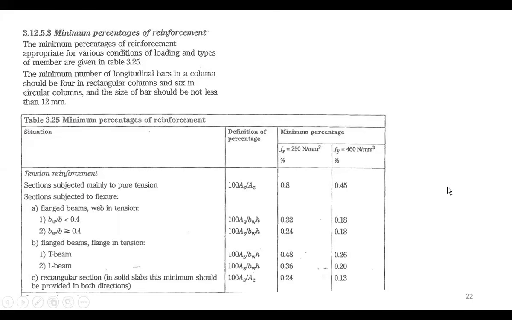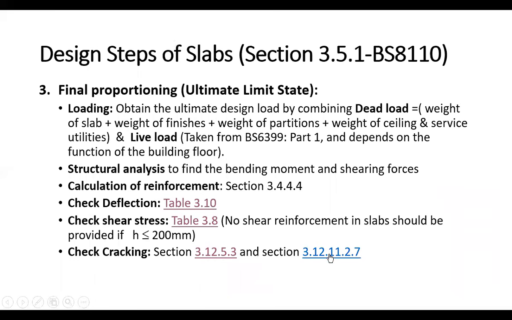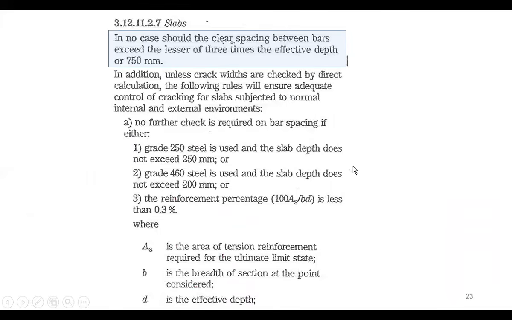Okay, so you have to control the crack widths by keeping your reinforcement greater than or equal to the minimum given by the code in table 3.25. How about the spacing? Also, again, you have to check about the spacing. In this clause 3.12.11.2.7 about slabs, it says in no case should the clear spacing between bars exceed the lesser of 3 times the effective depth or 750 millimeter.